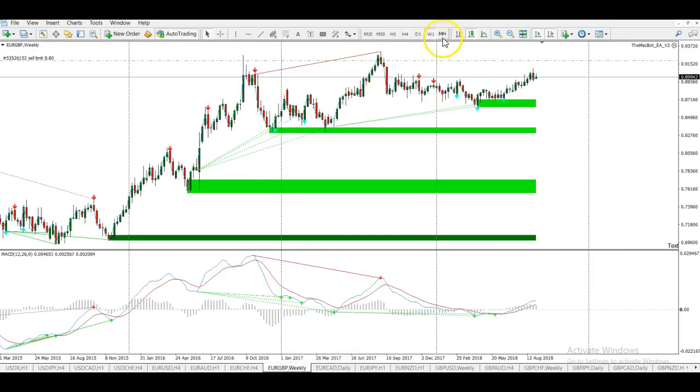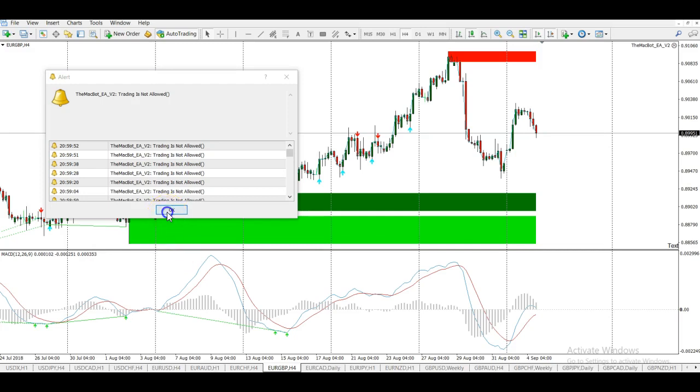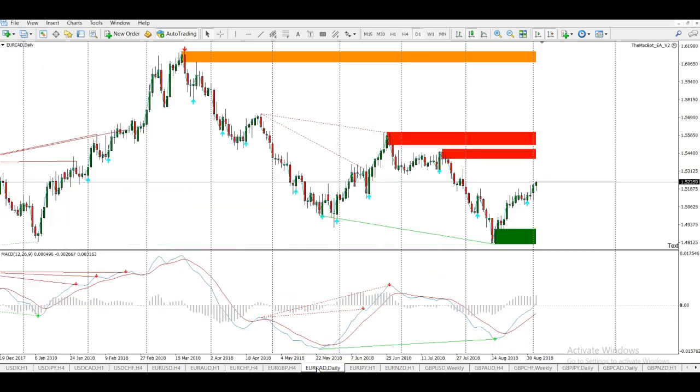Euro British pound, daily. We're not at a daily, and we're not at a 4-hour, so we're not trading that. Euro CAD, again, this here is likely a 4-hour area, so this is a daily here.